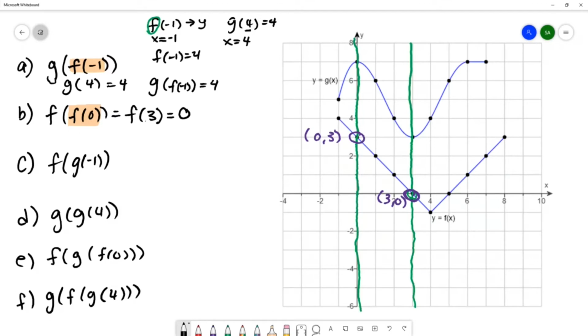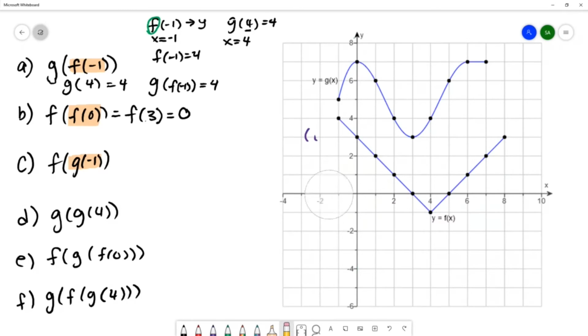Let's try the next one. We'll focus on the inside first and find g of negative 1. So g of negative 1, we have an x of negative 1. And we want to be on the graph of g. So we're interested in this point here. That point is the ordered pair negative 1, 5. So g of negative 1 is 5.